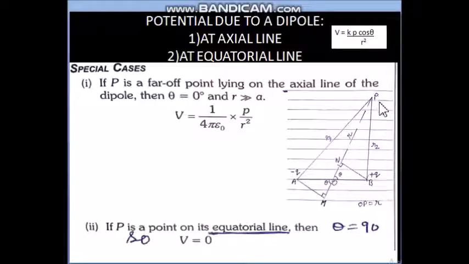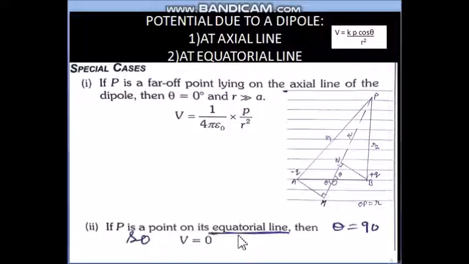If this point P is brought to the axial line of the dipole, then theta will become 0. So for the axial line of the dipole, we simply put theta 0 in the formula already obtained. Cos 0 is 1. So the final answer of potential will be K P upon r square, or 1 upon 4 pi epsilon 0 P upon r square. And this is the approximated formula only.